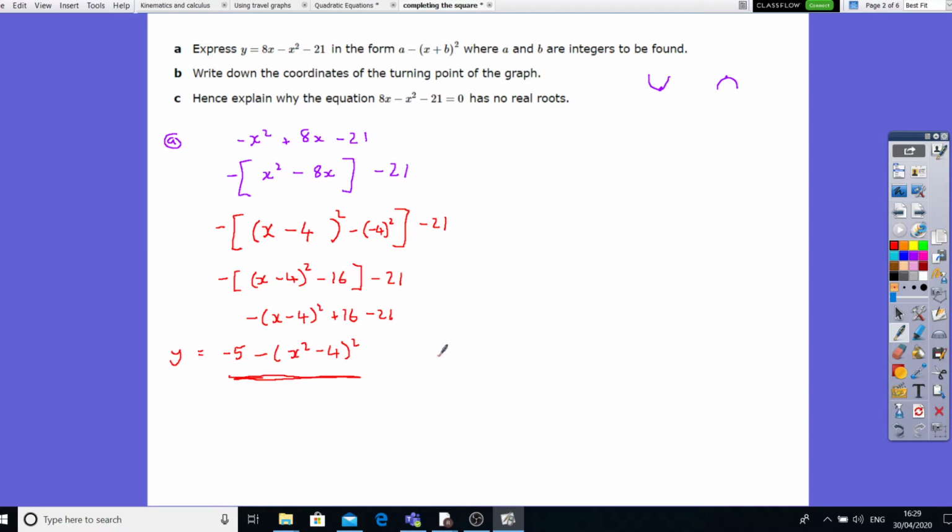Now part B: write down the coordinates of the turning point of the graph. So the turning point is when this bracket, oh, I've just realized I've made a silly error here. Let me quickly get rid of that.